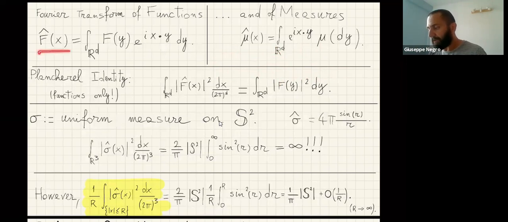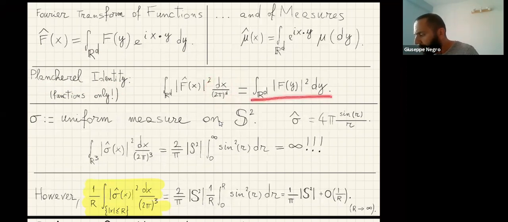Now, for functions, one of the seminal results on the Fourier transform is the identity of Plancherel, also known as the identity of Parseval, which essentially says that the L2 norm of a function, the integral of the square, equals, up to normalization constants, the L2 norm of the Fourier transform. In this talk, the normalization will always be this one.